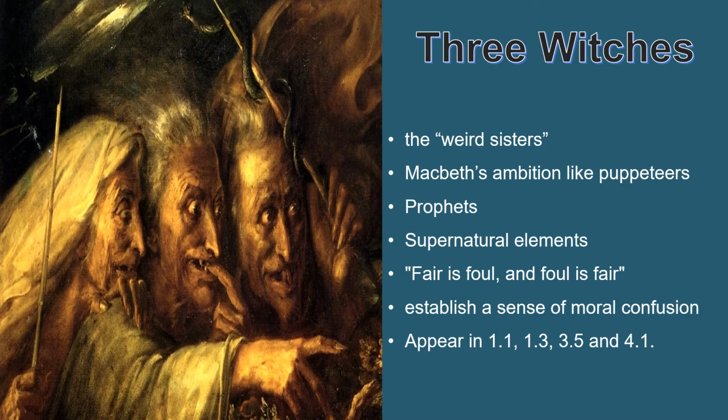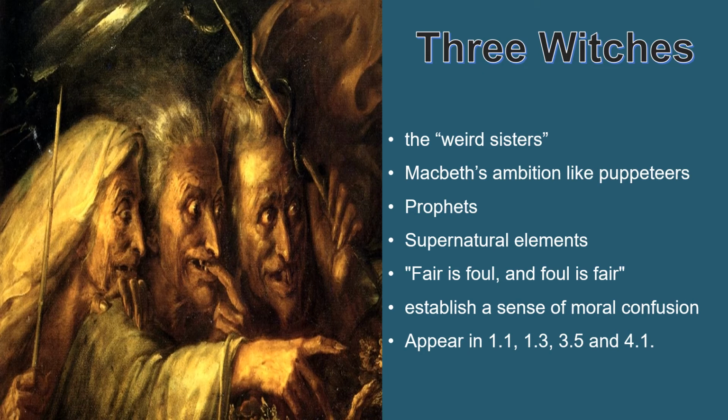And thirdly, we could see the three witches. They are the characters of the play mostly called the weird sisters. They are the ones who fuel the vaulting ambition in the mind of Macbeth.